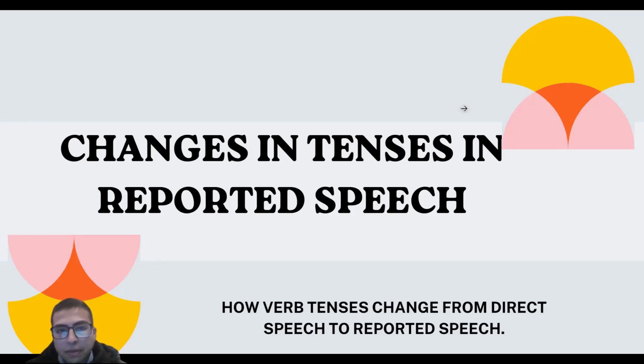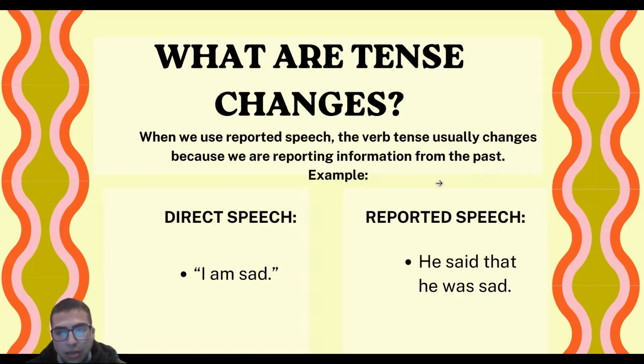For example, when we change a sentence from direct speech to reported speech, the verb usually changes to a past tense. For example, direct speech would be "I am sad," but in reported speech, he said that he was sad. This happens because the information is being reported later.